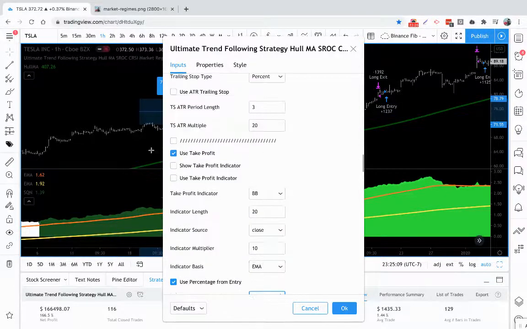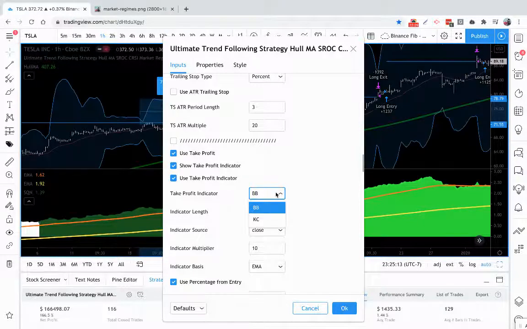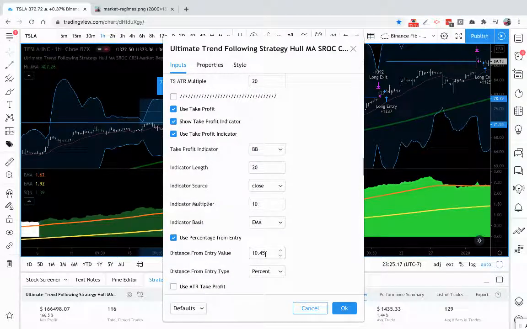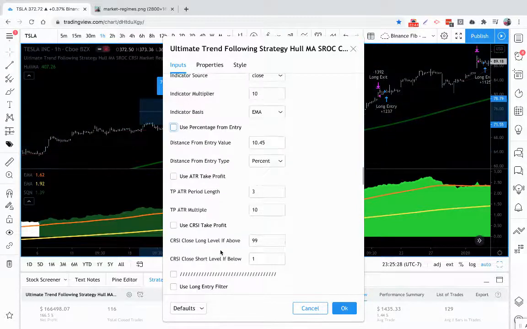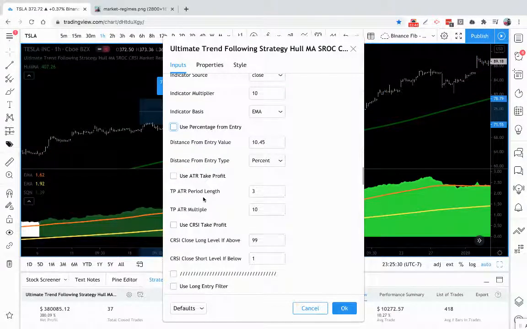You can also use it in addition with the Keltner channel and Bollinger Band, and whatever condition happens first, whether your percentage from entry gets hit or you exit outside a Keltner or Bollinger Band channel, it'll exit based on those. And the last two things you can do is you can use average true range to take profit instead of percentage from entry, or you can use the Connors RSI take profit also.